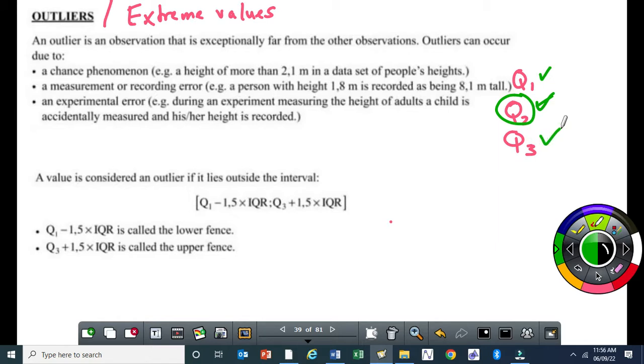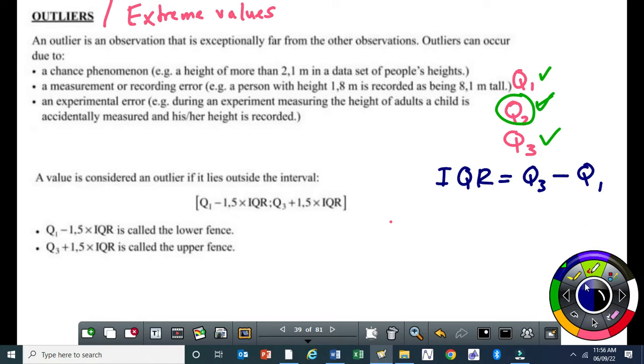Then after that, you need to determine the interquartile range, which is equal to Q3 minus Q1. Then there is a well-known interval which was proven by statisticians: if a value in a data set is outside this interval, then it will be an outlier.